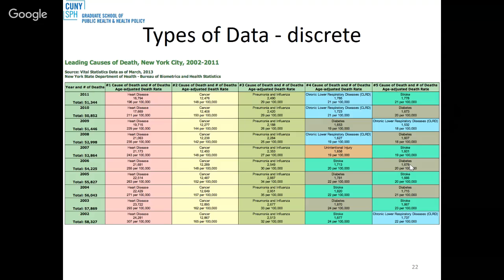So the things that contribute to any individual having diabetes or dying from diabetes or stroke in a given year have a component of randomness to it.